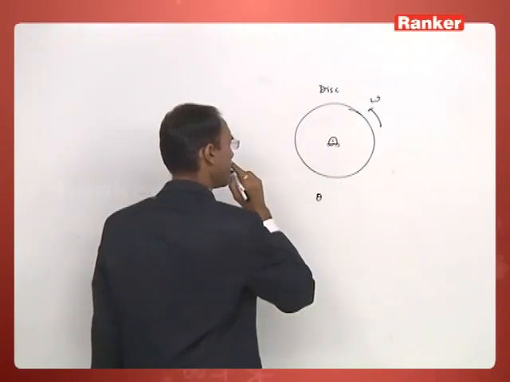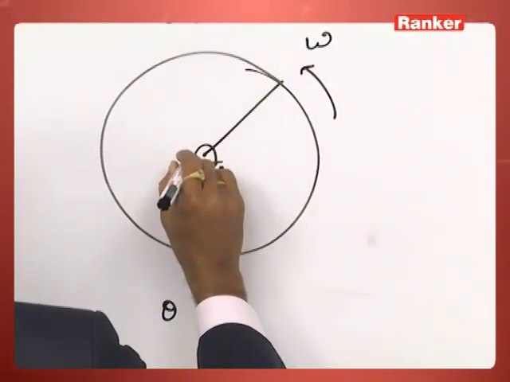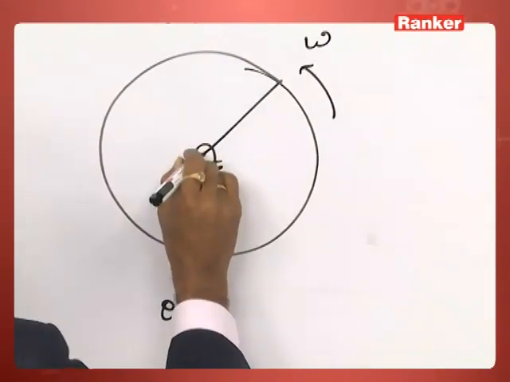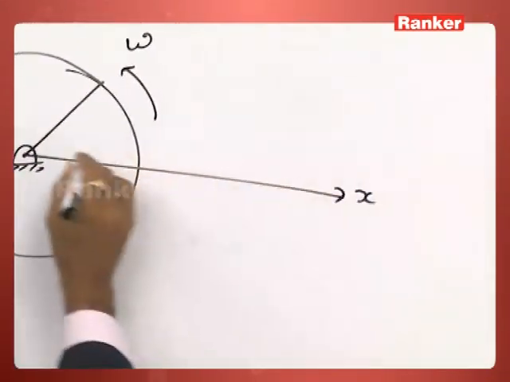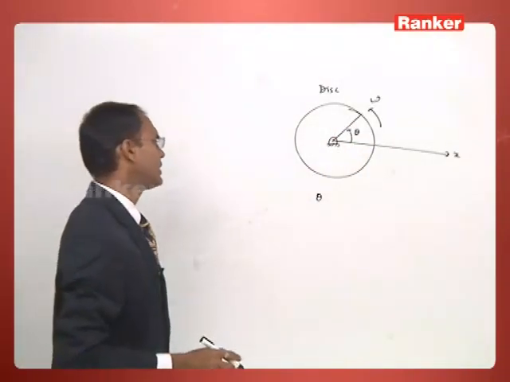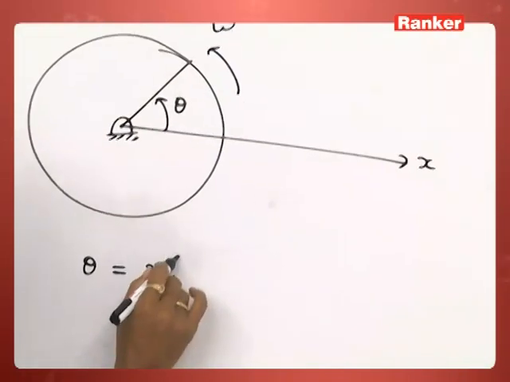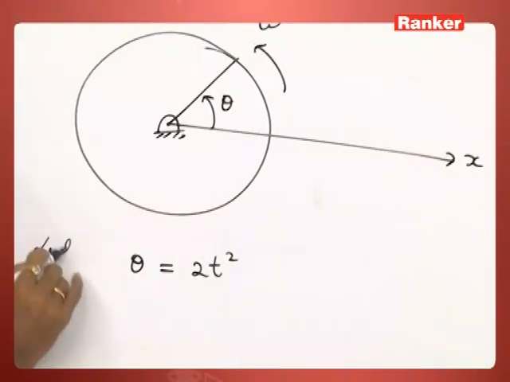Any straight line, a radial line say for the sake of simplicity, makes an angle theta with respect to positive x direction equal to 2t square, let's say.